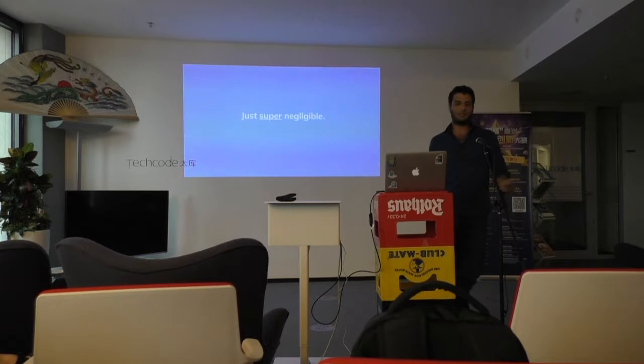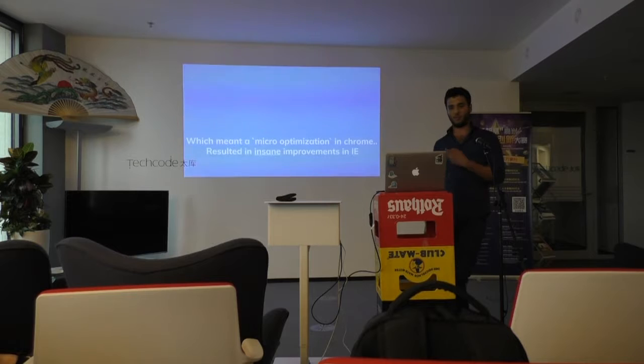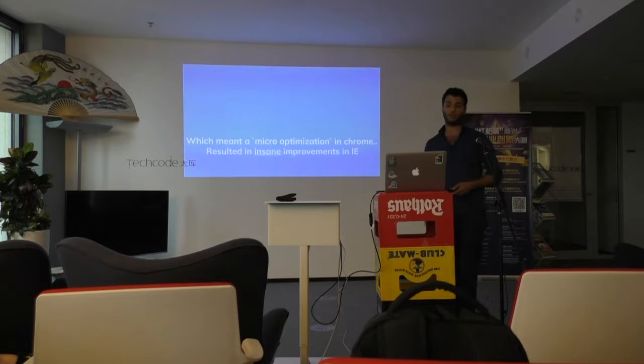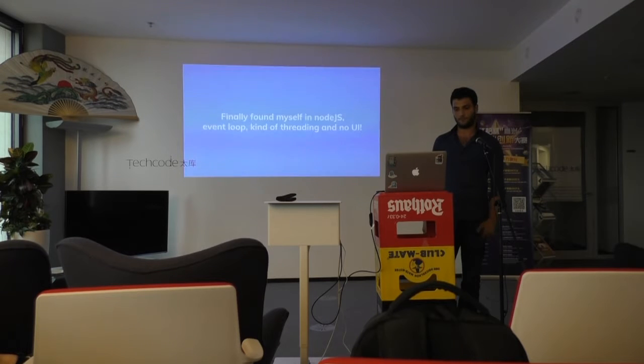You'd be like, okay, this takes a couple of milliseconds more than it should, it doesn't matter. And then when you fix it in Chrome and use Chrome's amazing debugging environment, you'd realize that you'd get these insane improvements in IE. We're talking about tens of kilobytes in Chrome resulting in hundreds of kilobytes or sometimes a megabyte in IE. Obviously this is a Node.js talk, and a few years ago I found myself in Node.js land, which was even more awesome because they have the debugger and everything running under the hood.